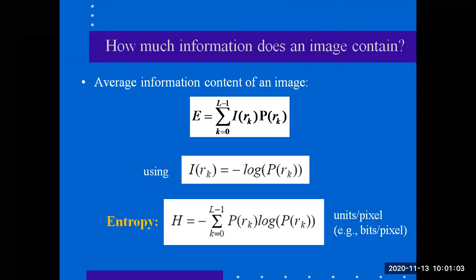Entropy indicates the bits, which are the units, per pixel. So E equals sigma k equal to 0 to L minus 1 I of R k into P of R k, I of R k equals minus log of P of R k, and H is given by minus sigma k equal to 0 to L minus 1 P of R k into log of P of R k.